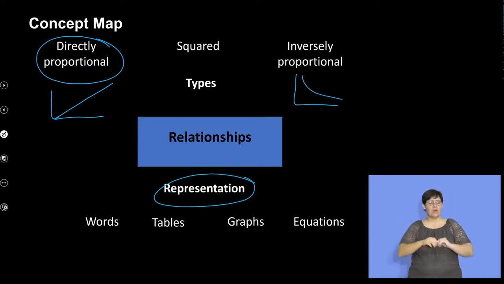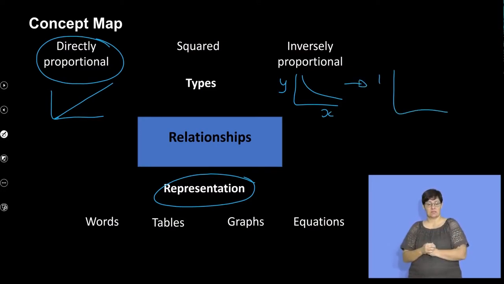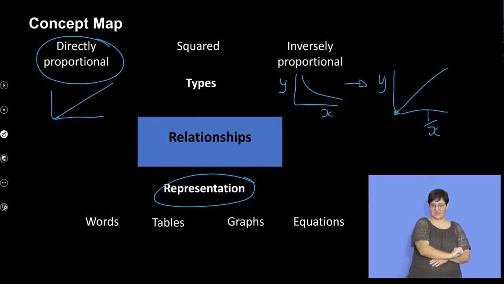To satisfy that, what we're going to do is, instead of choosing the dependent variable and the independent variable, we're going to change that around and take y against 1 over x, and then it will be a straight line. It will pass through the origin, and we can say that y is directly proportional to 1 over x.